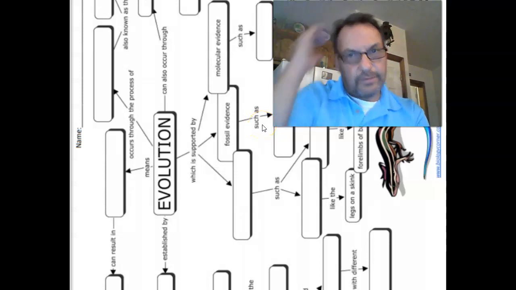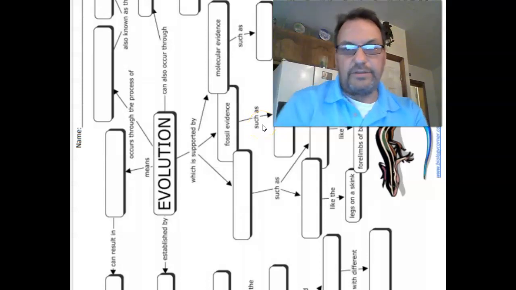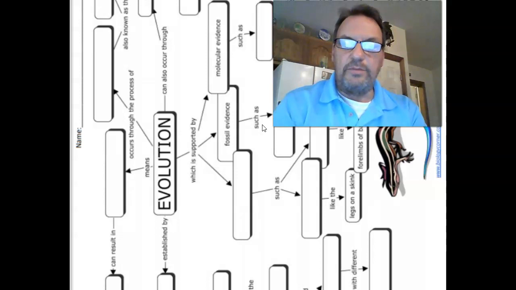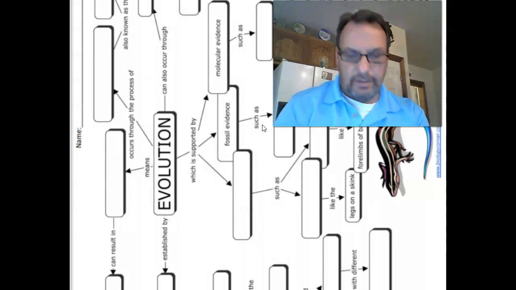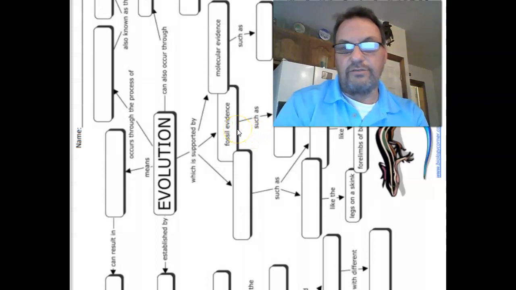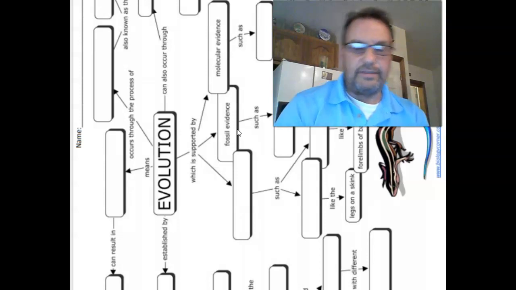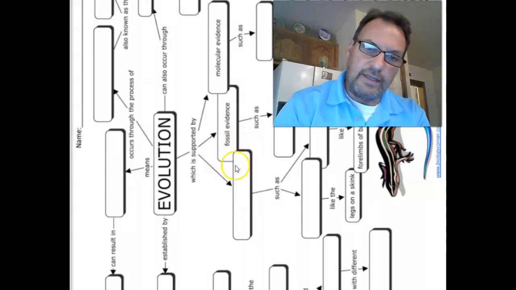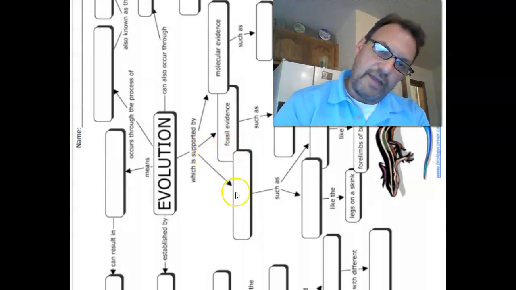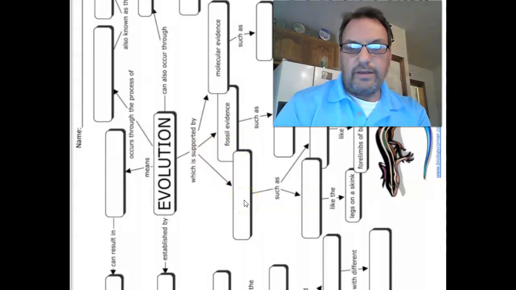And in this scenario, I'm sorry, my video is in the way, but in that block, you're going to put whale bones. People could study those, and that goes into our fossil record. That's just a compilation of all of the fossils that we have found, and they categorize them in the fossil record. And it is also supported by anatomical structures.